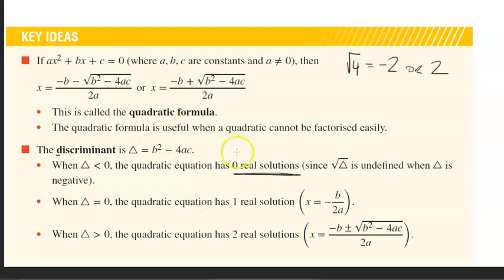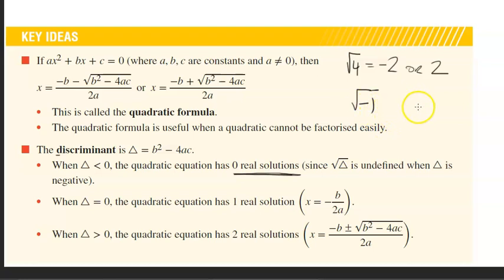And this is because if this number is less than 0, you get into a scenario where you're trying to find out the square root of a negative number, which doesn't suffice. You cannot find the square root of negative 1. There are no real numbers that when you multiply together will give you the answer negative 1.